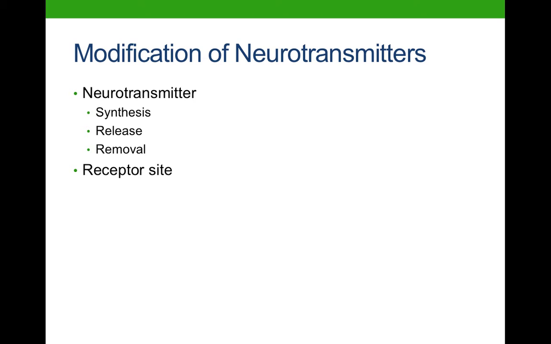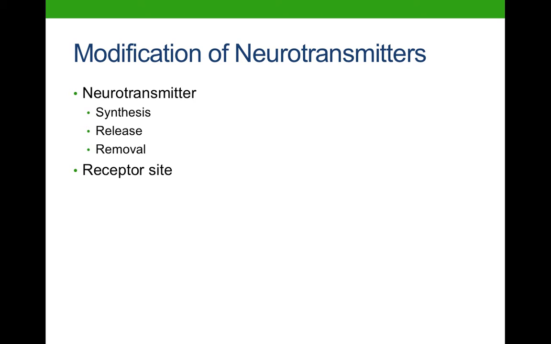Neurotransmitters can be modified by stimulating or inhibiting the synthesis of the neurotransmitter. So if we create more or create less of the actual neurotransmitter, that will modify it. If we block or enhance the release of the neurotransmitter.